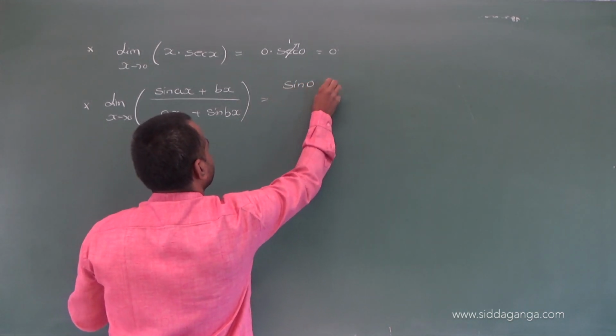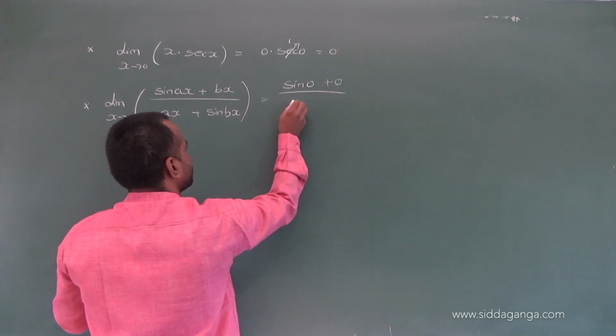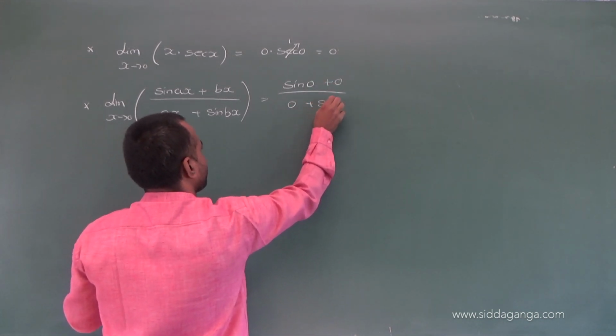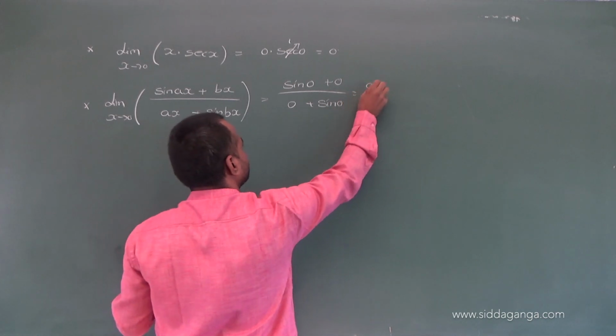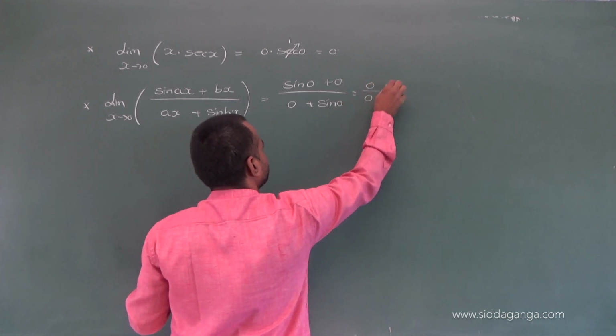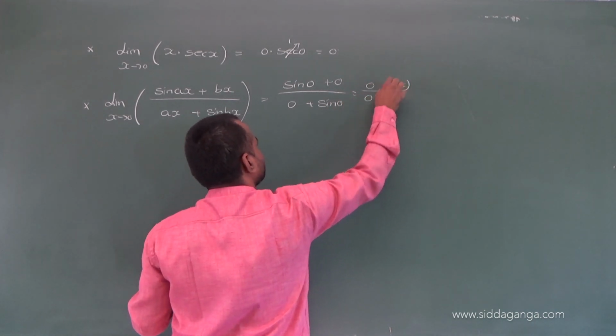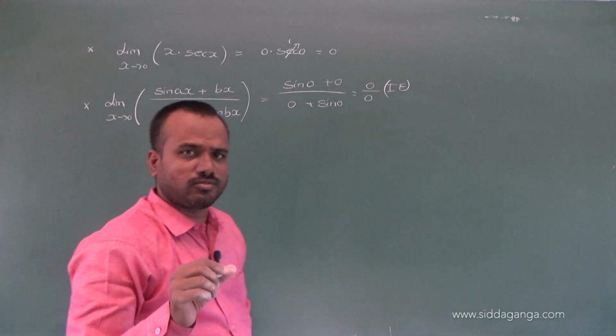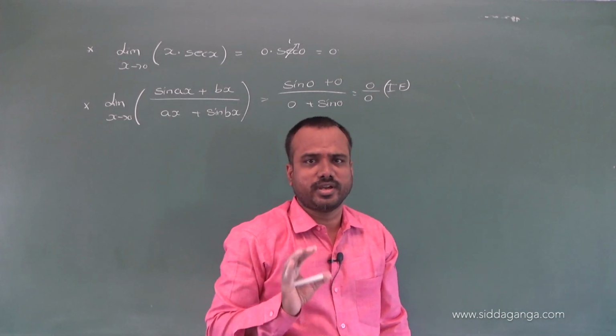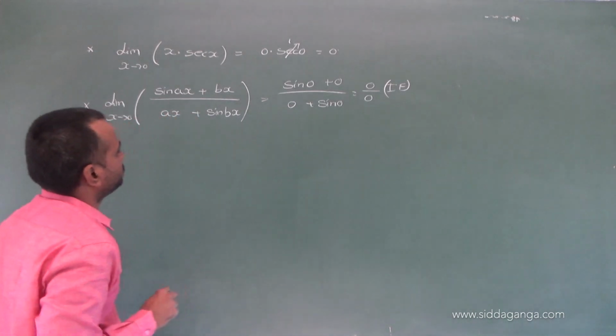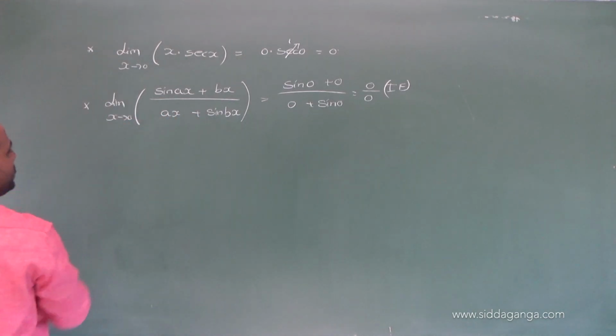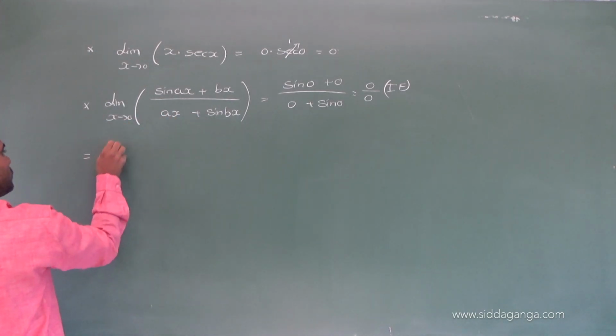Sin 0 is 0, so we get 0 by 0, an indeterminate form. Understand? Okay, what we do, we write once again.